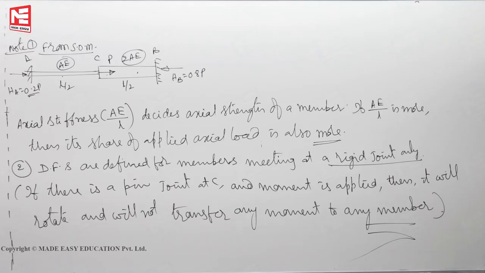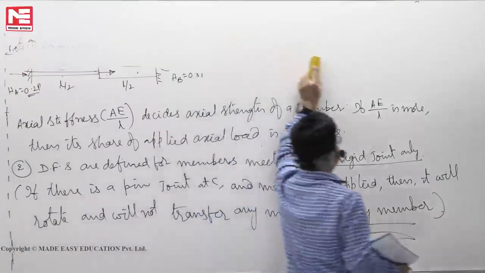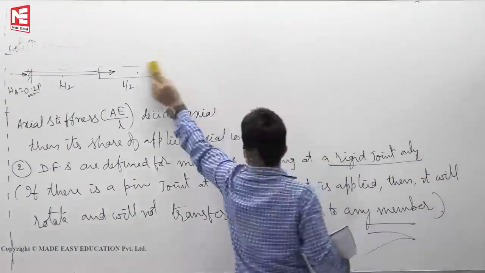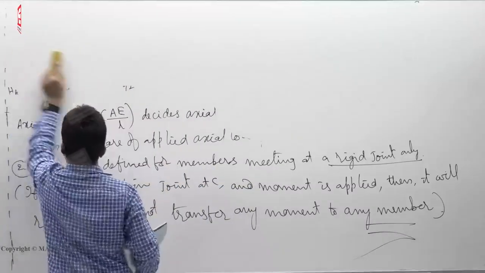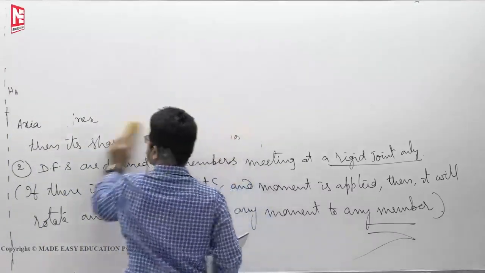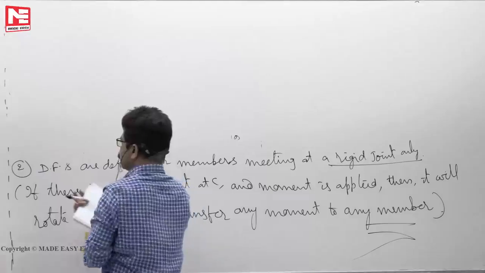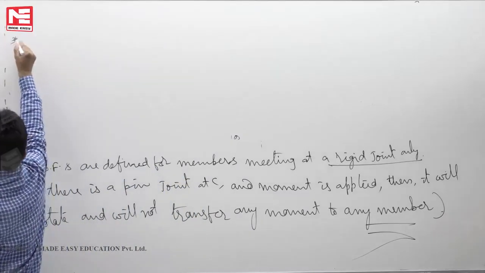Now, what is a rigid joint? This point I think I have completed. Third point is: what is a rigid joint?